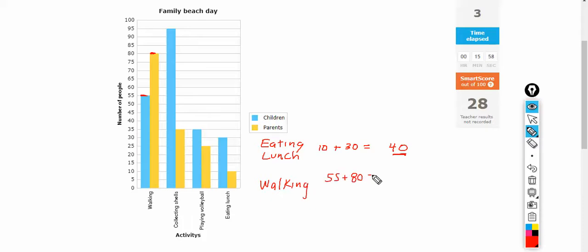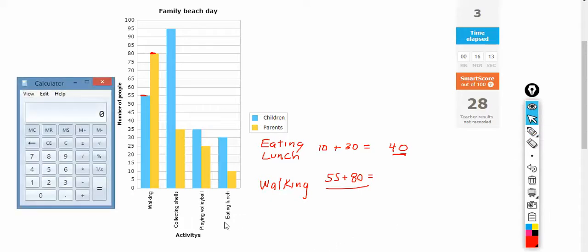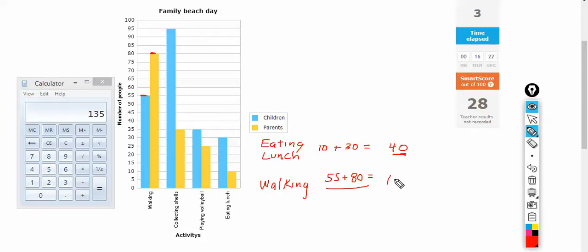Now I already know that that's going to be larger. So what's 55 plus 80? That's like 135. But we can use the calculator. So we have 80 plus 55. That's 135 people, children and parents.